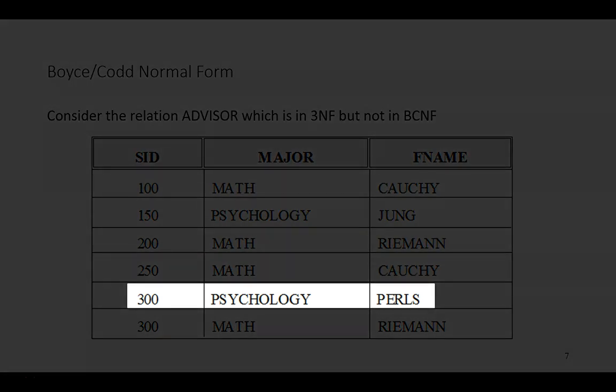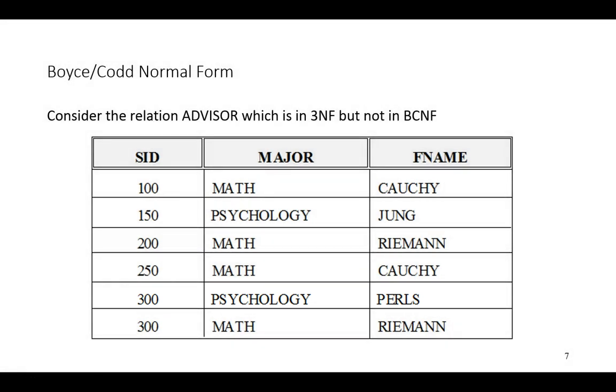And notice in one of those rows, where student 300 has a major of psychology, that's the only row where we see the connection between Pearls being an advisor for psychology. Therefore, if we remove that row, we've removed another fact that Pearls advises in psychology.